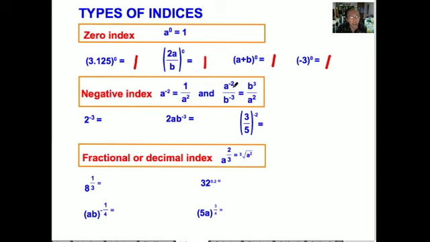And if we have negative indices in the numerator as well as the denominator, we can convert to positive indices by swapping the numerator with the denominator. Thus, 2 to the power of negative 3 is simply 1 over 2 to the power of 3, which is 1/8.